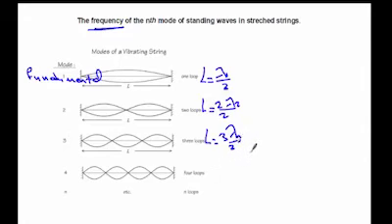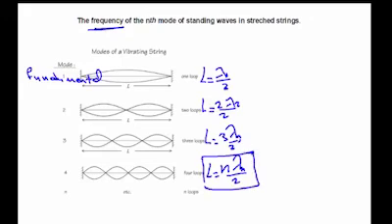So for a general expression, L equals 1 lambda over 2, 2 lambda over 2, 3 lambda over 2. So it is n lambda n over 2. From here we can get lambda for any mode of vibration, which equals 2L over n.